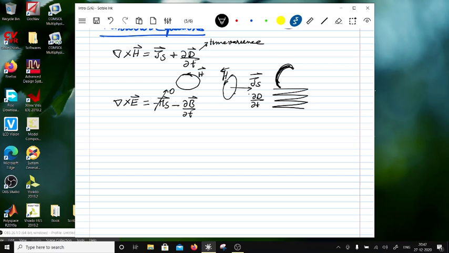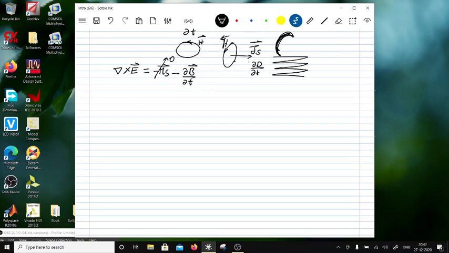There can be a dancing loop of E, clockwise, anti-clockwise. Why? If I say E here is clockwise like this, then Ms has to be going in this direction. So it is opposite to the right-hand thumb rule, because there is a minus sign here. So the source of it can be an Ms which is in the negative direction. That's why minus.